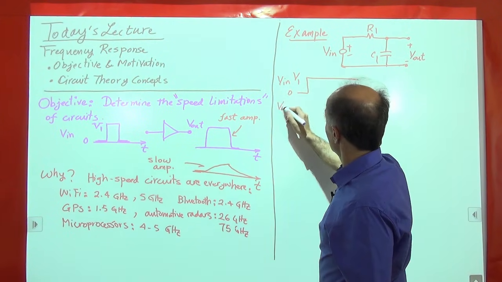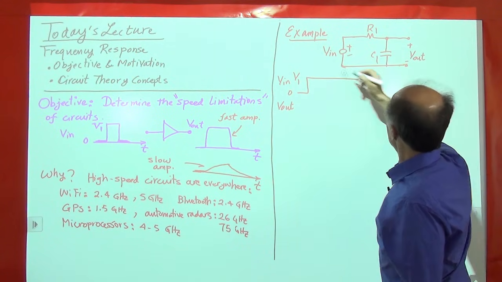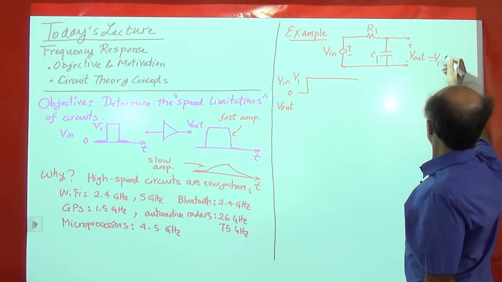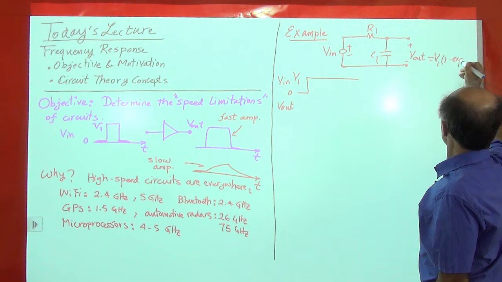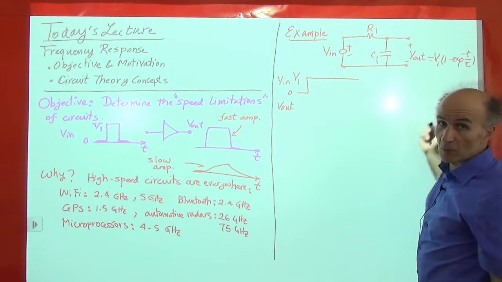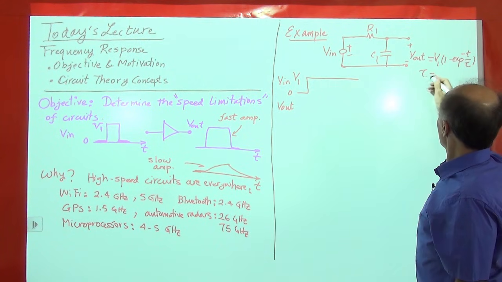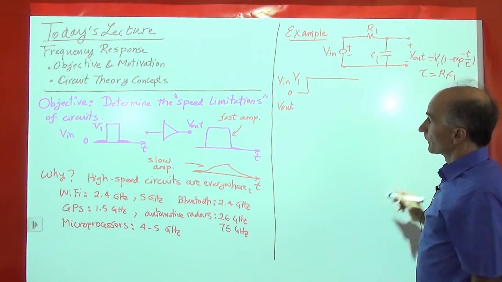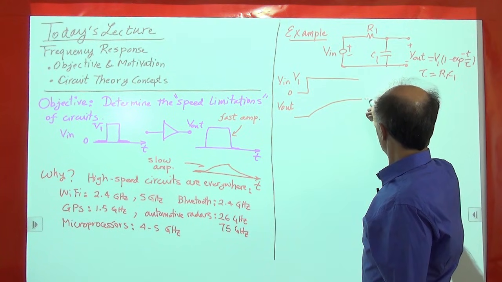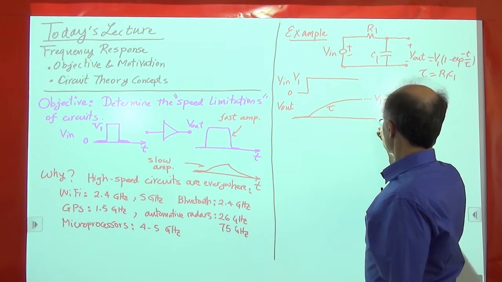Well, we remember that V out is an exponential function in this case, right? So if V in is a step, V out wants to reach a value of V1, but with an exponential behavior, exp minus t over tau. Tau is what they call the time constant, and tau is given by the product of this R and C, R1, C1. So V out will have an exponential behavior, also trying to reach V1, but with the time constant of tau as a function of time.